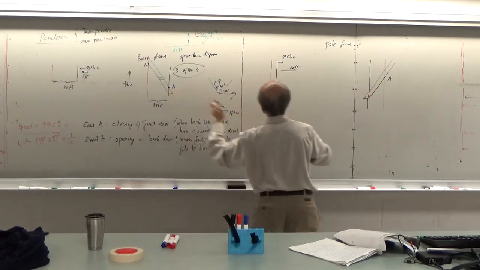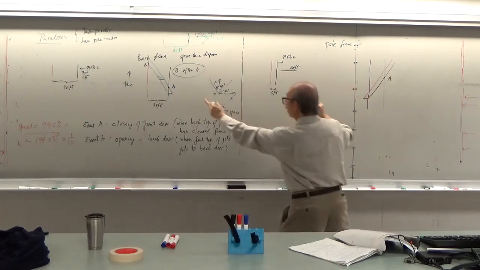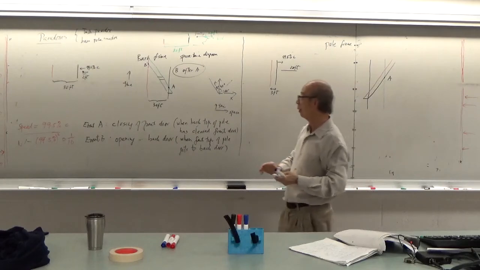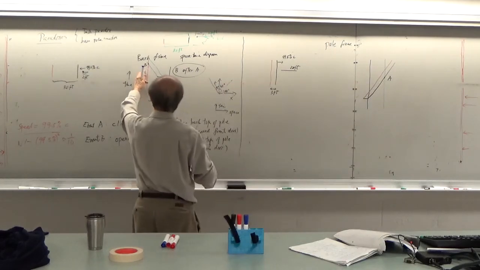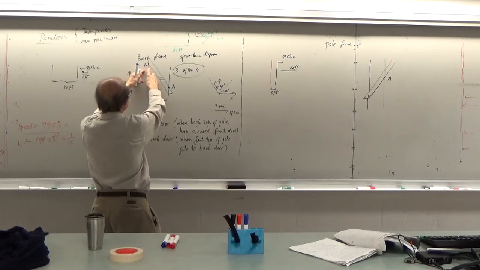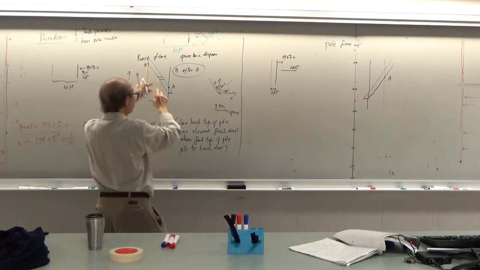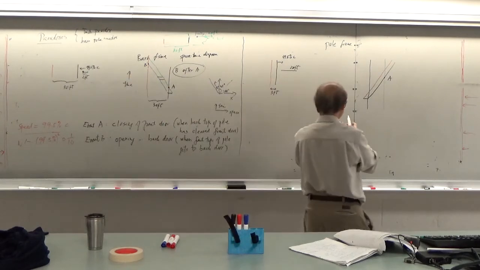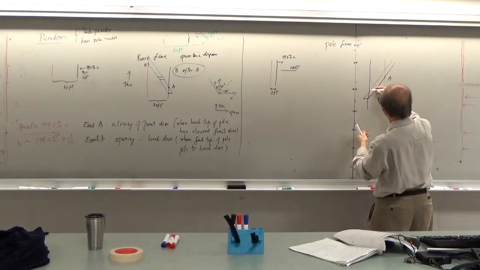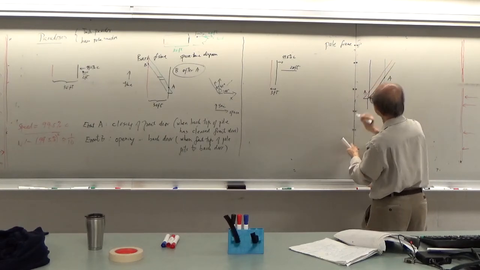Green and black meet at this point A. Whereas the second event, which is the opening of the back door, corresponds to the intersection of these two trajectories. Red and blue. Red and blue is here. So this is event B.